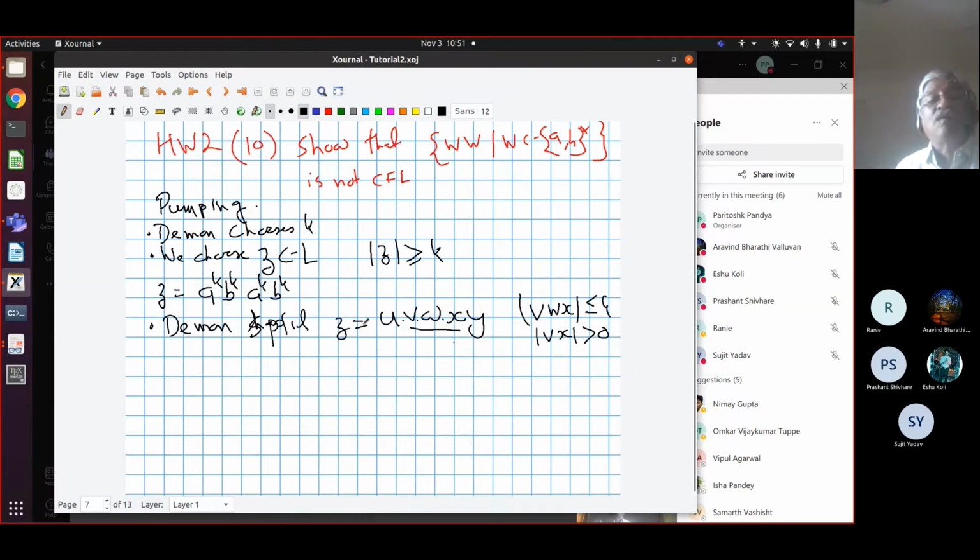So what do we want? We should allow daemon to choose any 5-part split of this. Now there are too many different splits, so we'll argue case by case. Case 1 would be that all of VWX is in the a raised to K part.